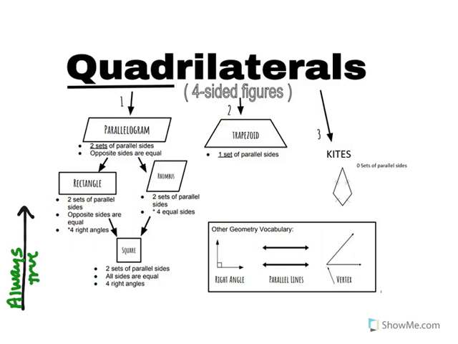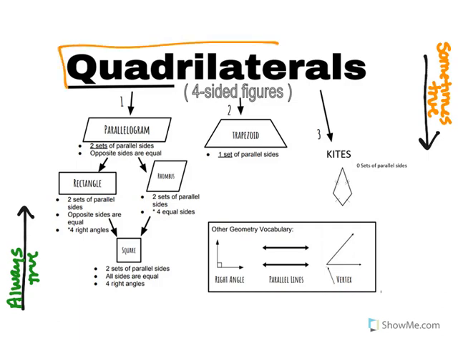Now, let's think about another direction when we move down. When we move downward, our statements are sometimes true. So, for example, if I start at quadrilaterals and I ask, are they always trapezoids, sometimes trapezoids, or never trapezoids?